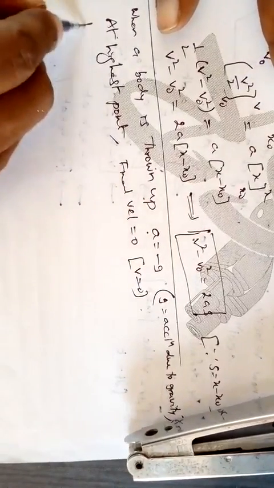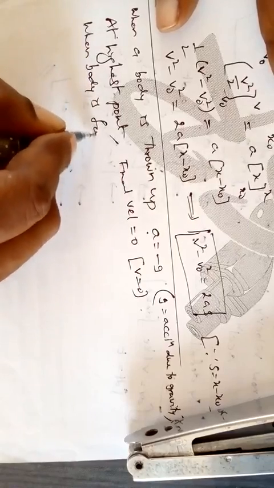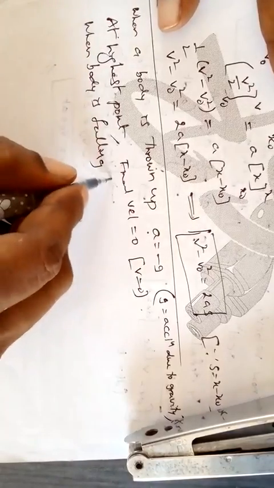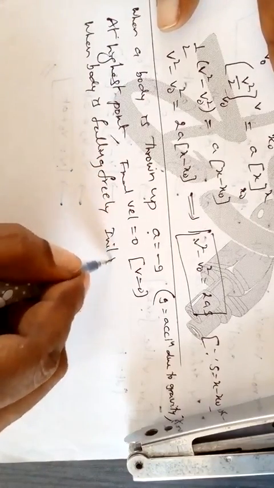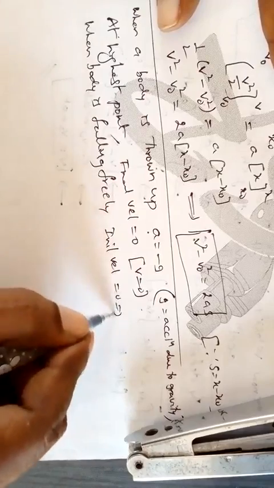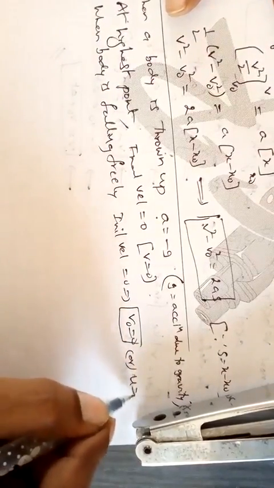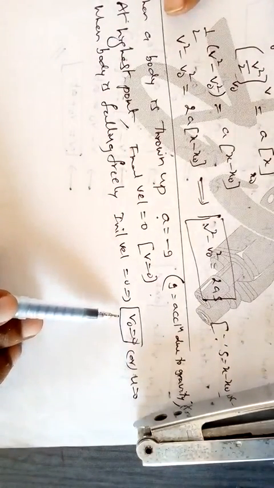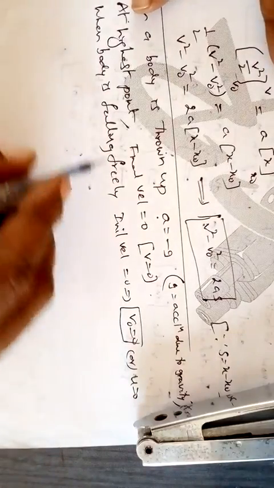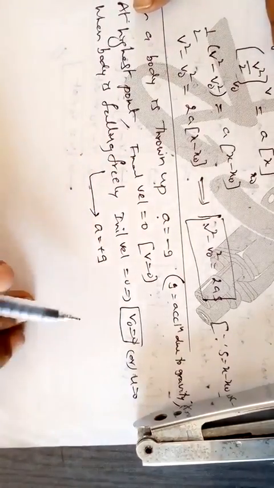Next, when a body is falling freely, initial velocity is 0, means v0 is equal to 0. You can say u equal to 0. In lower classes we used u, now we are using v0, it makes no difference. When the body is falling freely, a is equal to plus g. All these are fundamentals, you must know them.